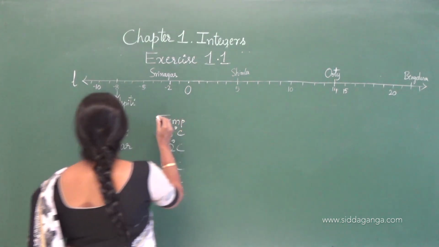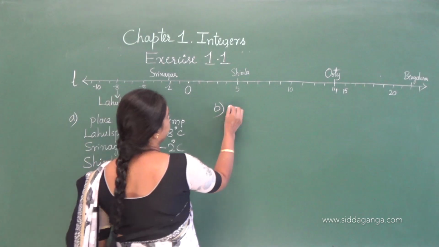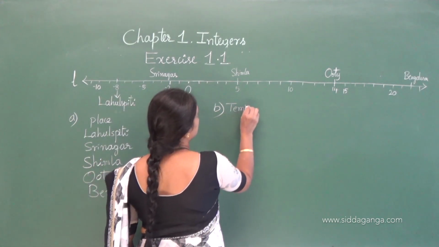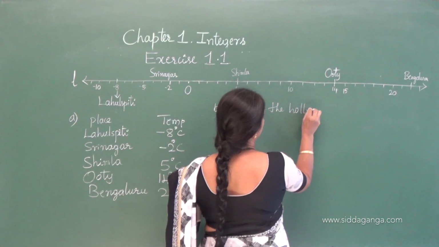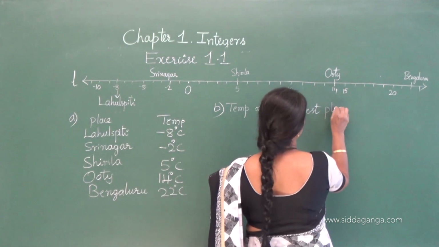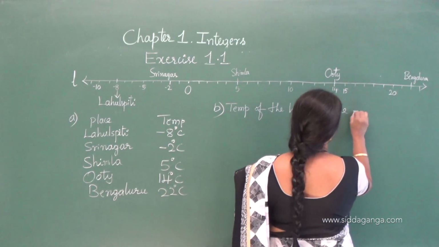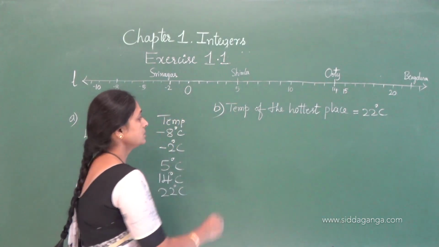This is for A and this is for B. Temperature of the hottest place is 22 degree Celsius.